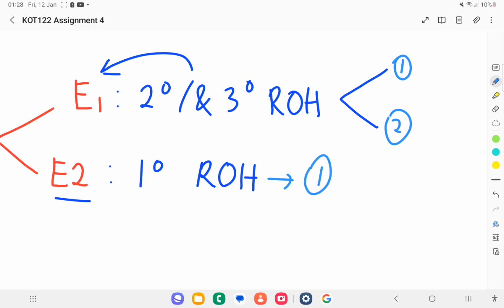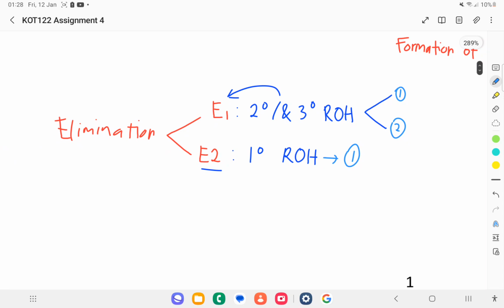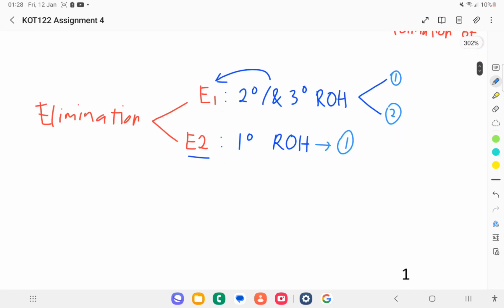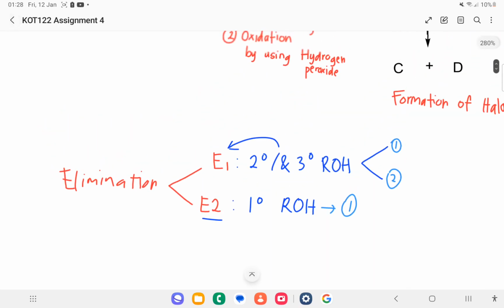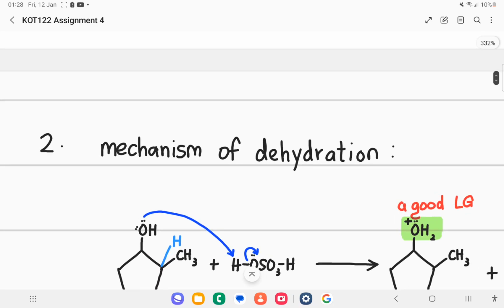Everything happens in a single step. That is very basic fundamental knowledge that you must know and understand. Okay, let's move on to the answer. Mechanism of dehydration.